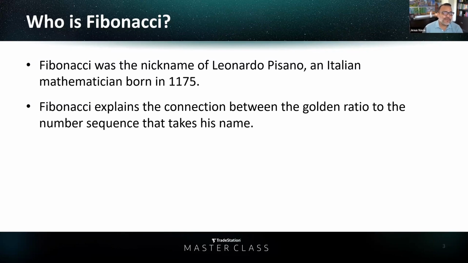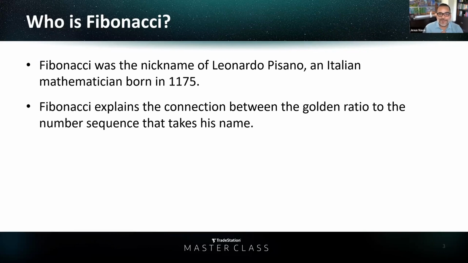Now, however, the number sequence itself was used many centuries before the time of Fibonacci. In fact, I was reading this morning that it originates with Indian mathematicians many centuries before Fibonacci existed. However, since Fibonacci was the person who introduced the sequence to the Western world, that's why the sequence is known by his name.